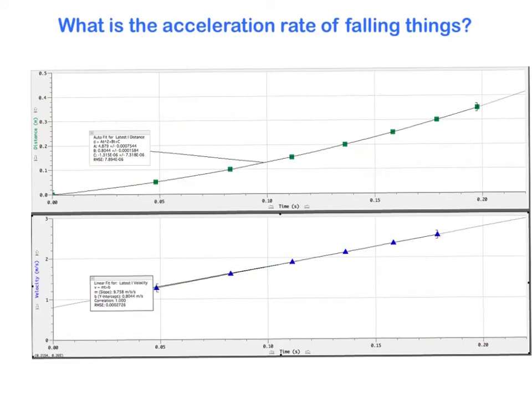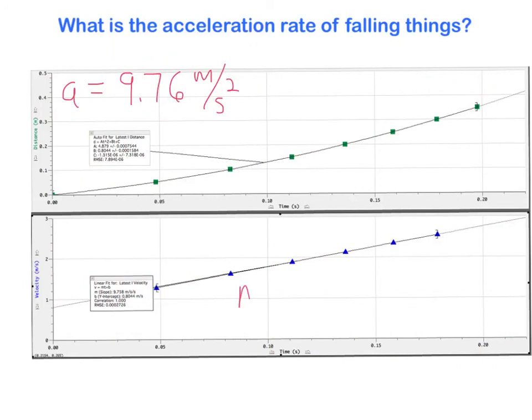Now let's use the velocity time graph to see what the acceleration rate is. So let's just write down for our reference here, the distance time graph said 9.76 meters per second squared is our acceleration rate. The velocity time graph, I have a straight line, and if you remember we said the slope of a velocity time graph, which tells me the rate that the velocity is changing, which is by definition the acceleration, the slope of this line gives me the acceleration.